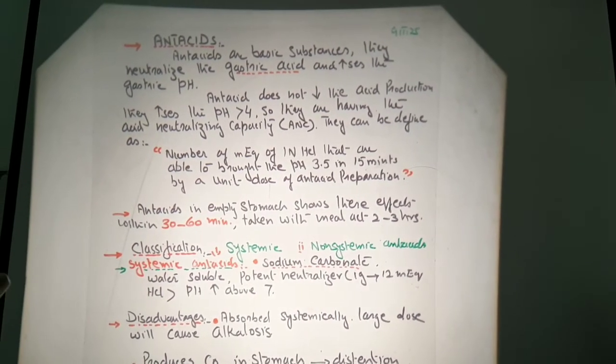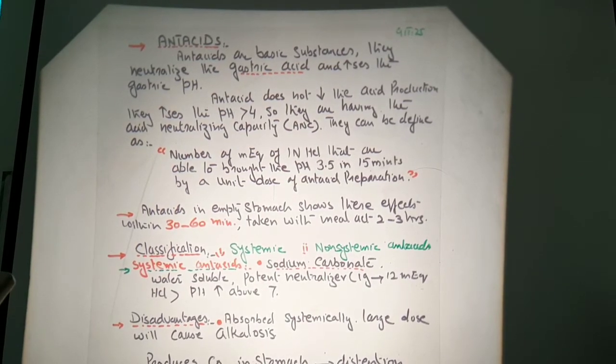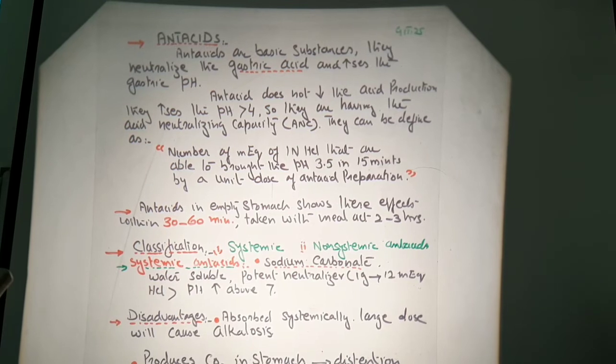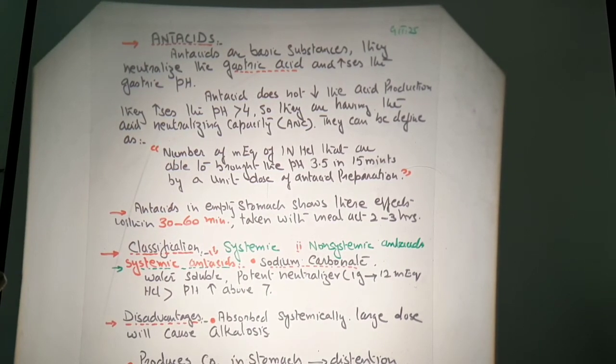Neutralization usually takes place by means of antacids. Antacids actually do nothing with the HCl, but they increase the pH of the stomach. So they are basic substances, and that's why they neutralize the gastric acid and increase the gastric pH.